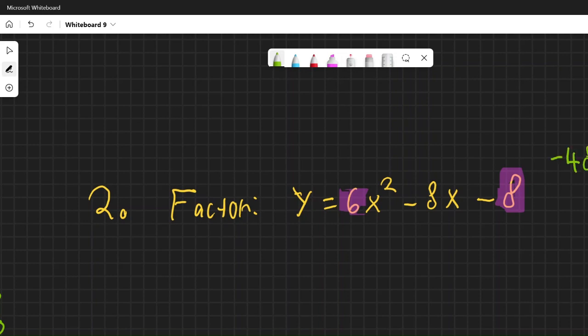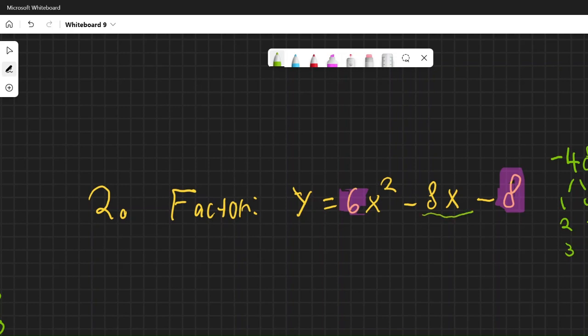Then I would just start dividing by 1, 2, 3 until you find a common factor. So we'd have 1 and 48, 2 and 24, and 3 and 16, until we get something that will add up to this middle term.